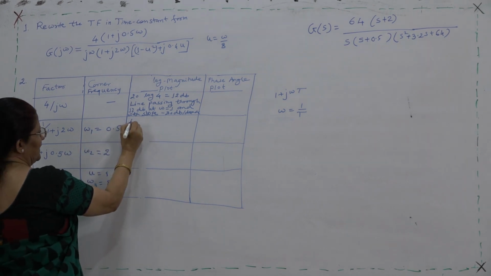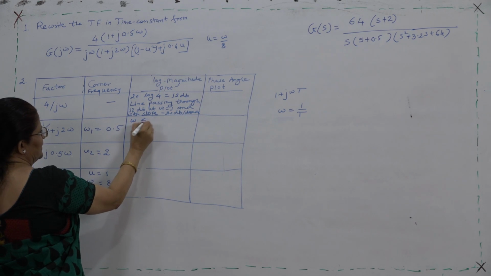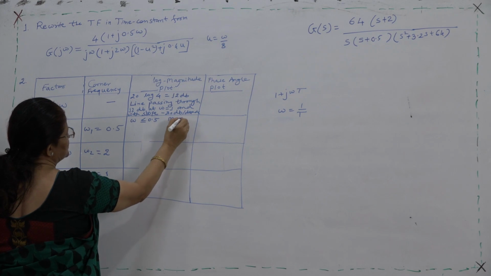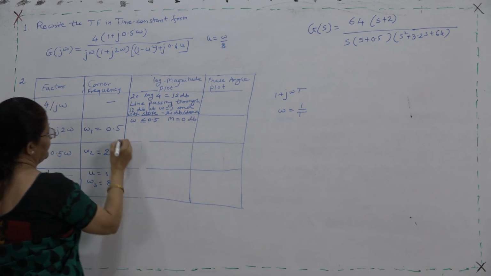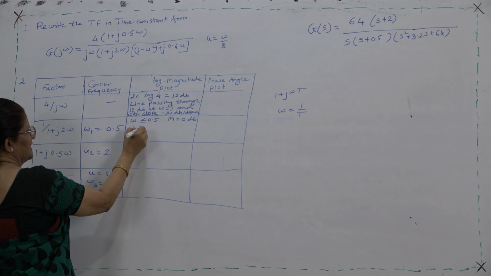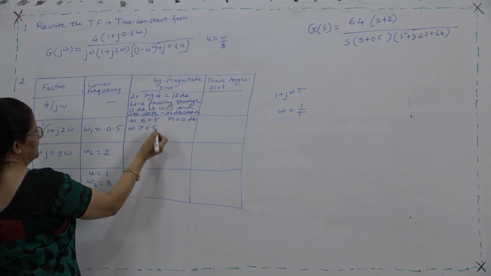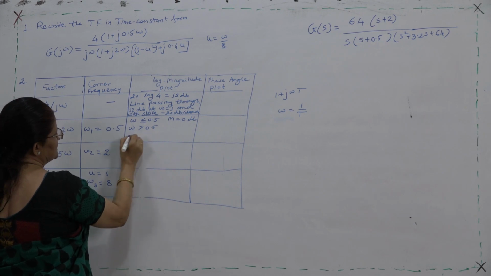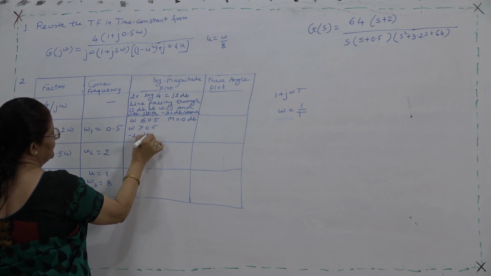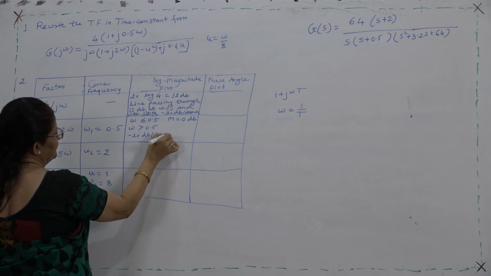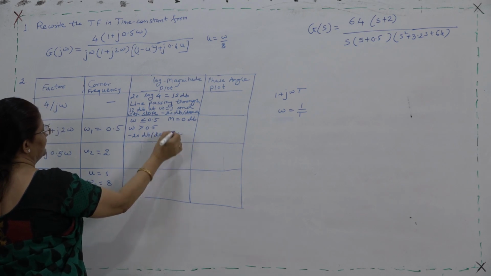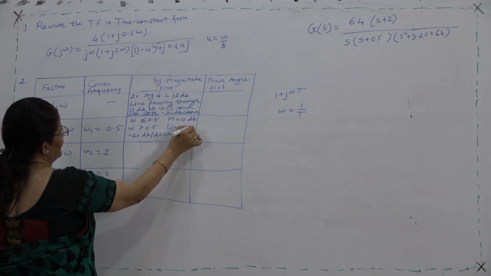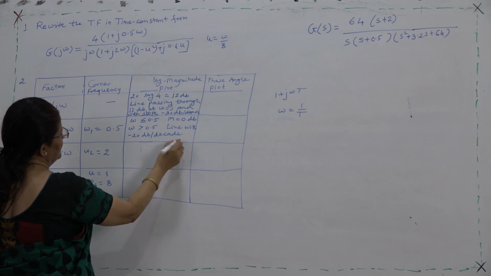For omega less than or equal to 0.5, the magnitude is 0 dB, and for omega greater than 0.5, the magnitude plot has an asymptote with minus 20 dB per decade.